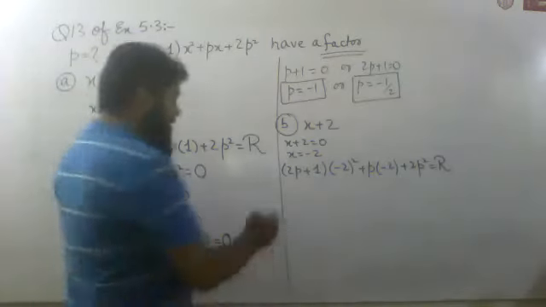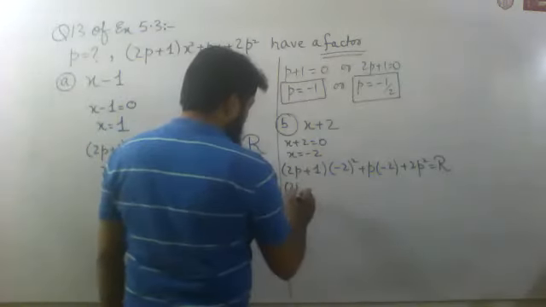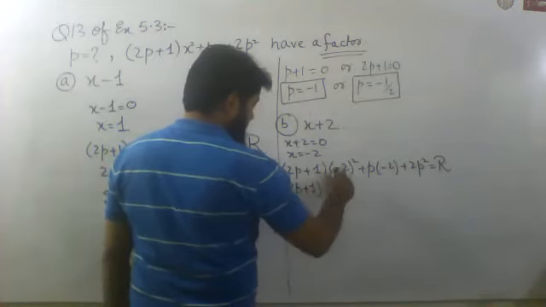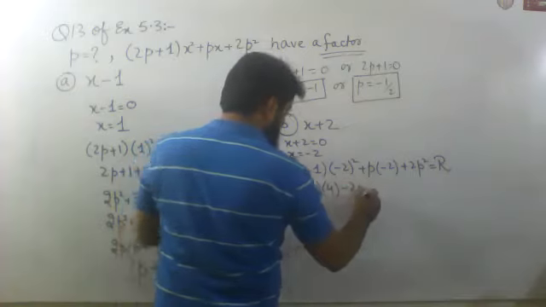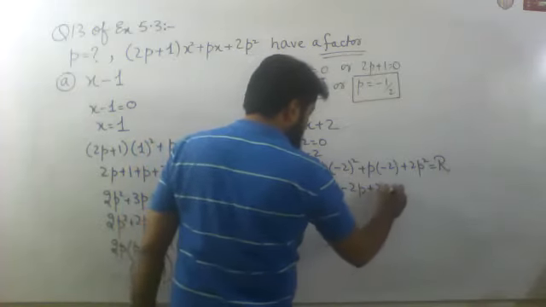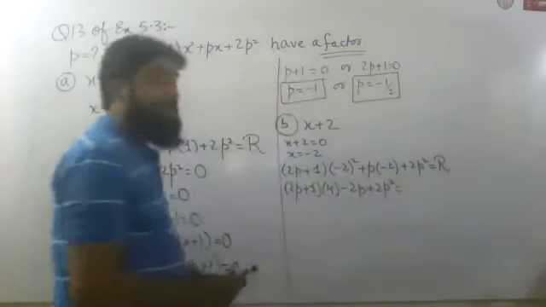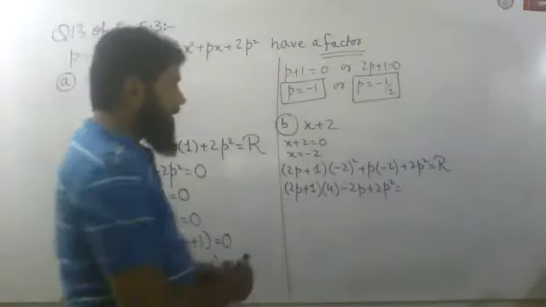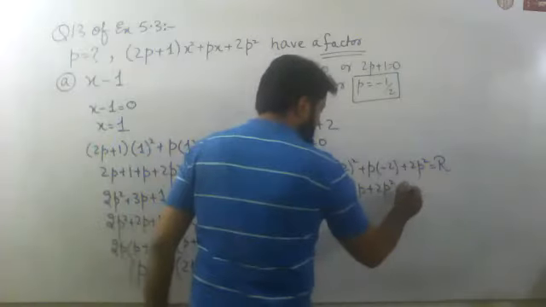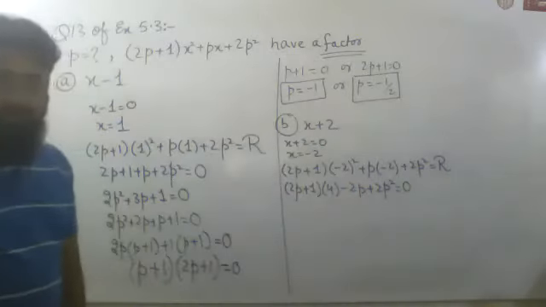Okay, so 2p plus 1 minus 2 whole square will be 4, minus 2p plus 2p square. Now, as they are saying that this thing is a factor of this one, it means the remainder will be equals to 0.